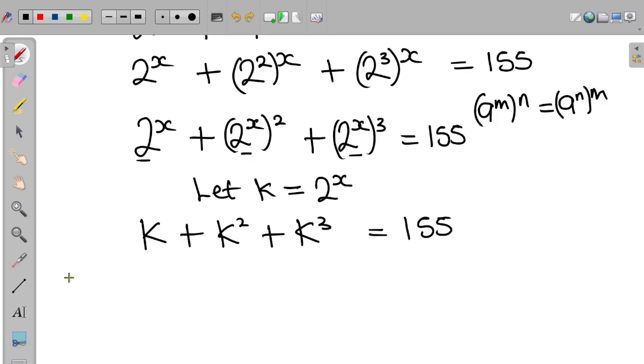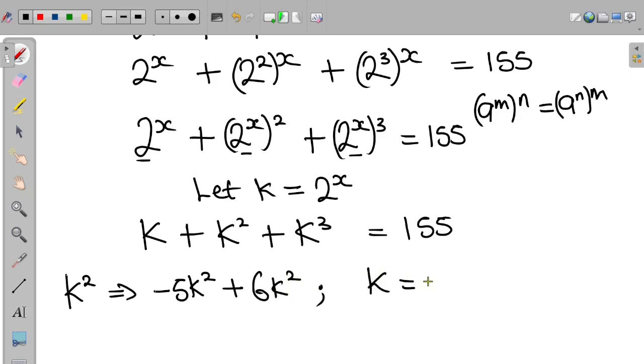Now at this point, note that k squared can be expressed as minus 5k squared plus 6k squared. And also, k can be expressed as minus 30k plus 31k.